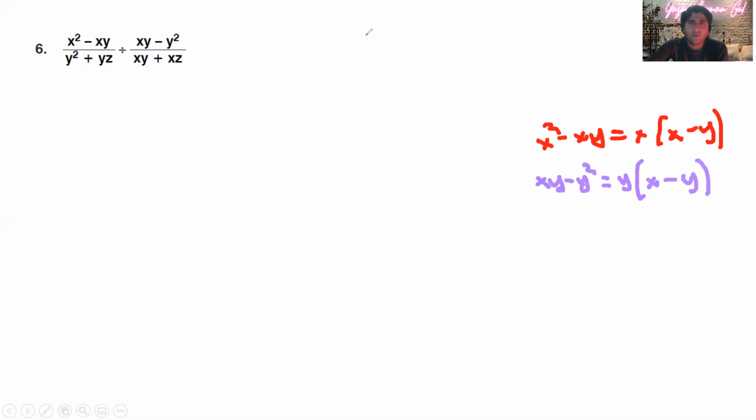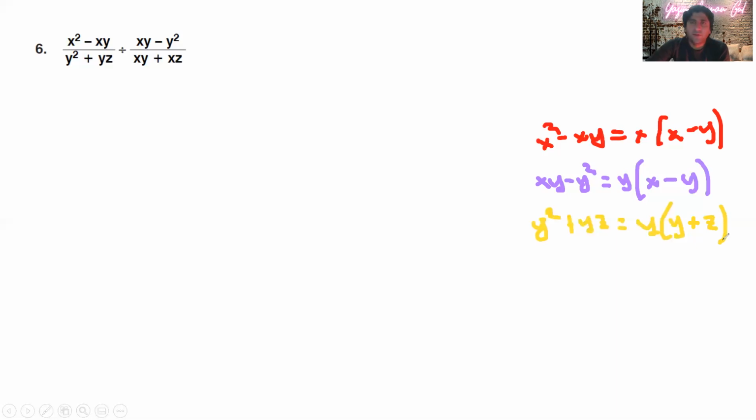Then I go to the next one, which is y squared plus yz. That equals, again, what's common here? It's y. This is going to be y times y plus z. What else do I have?